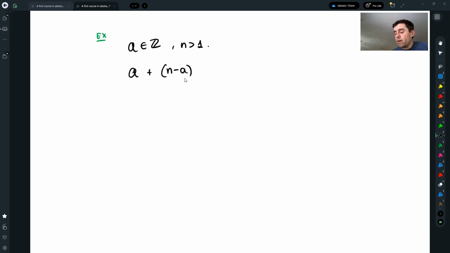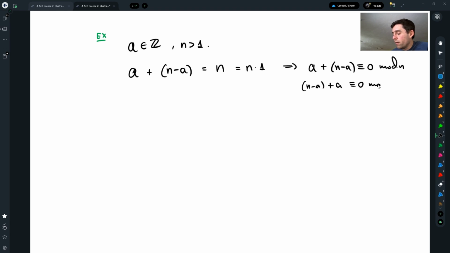Well, if I add A and n minus A, that is going to be just n, which is a multiple of n, and that tells me then that A plus n minus A is congruent to 0 modulo n, and the same way n minus A plus A is congruent to 0 modulo n. So the class of n minus A works like the additive inverse of the class of A in this addition.